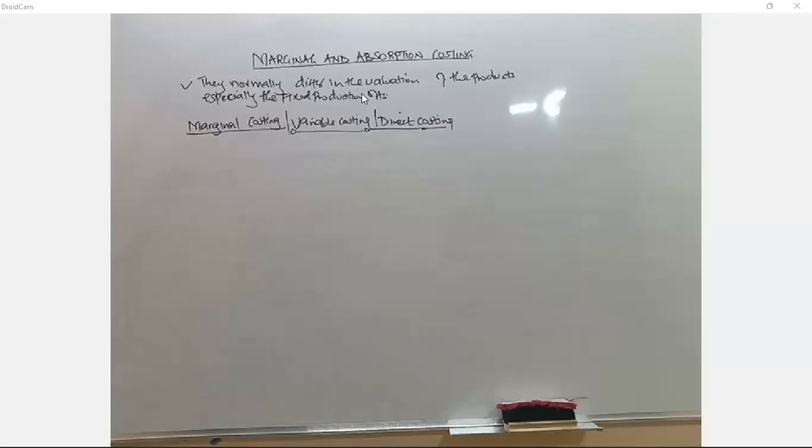So when we look at it, we have said that one of these techniques recognizes the availability of the fixed cost, the fixed production overheads, whereas the other one does not.